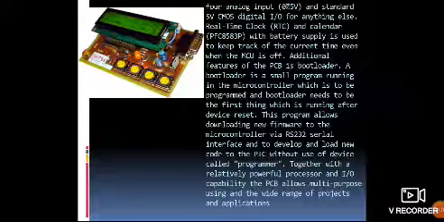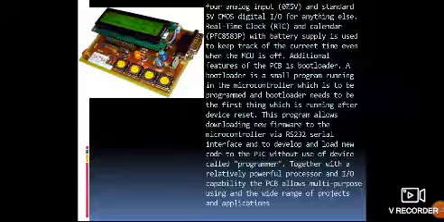There are analog inputs and standard 5 volt CMOS digital inputs or outputs. A real-time clock, RTC, and calendar with battery supply is used to keep track of current time even when the MCU is off.